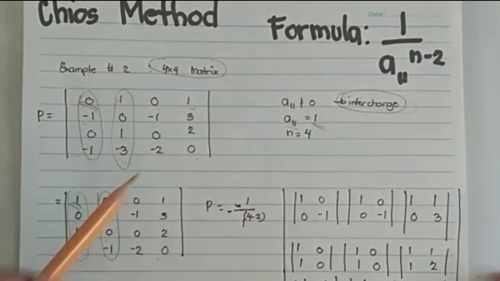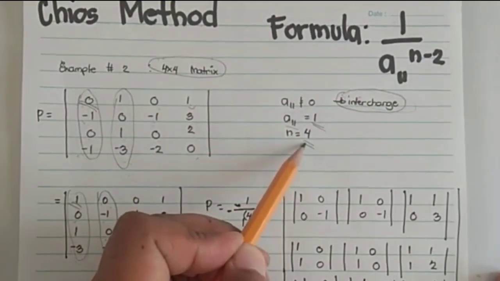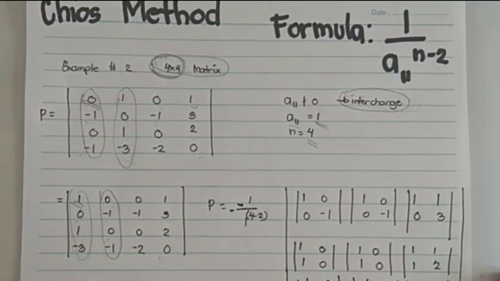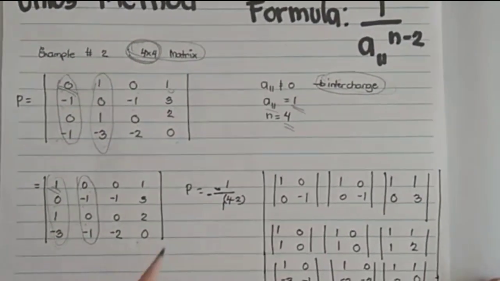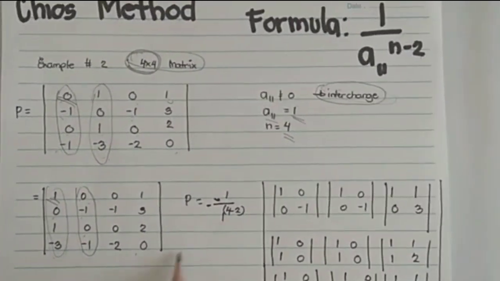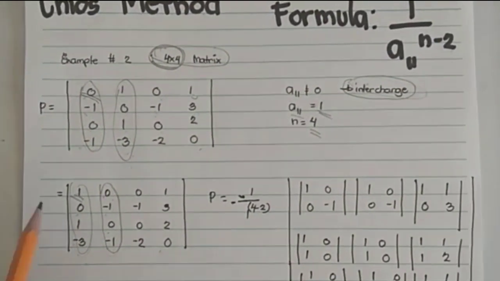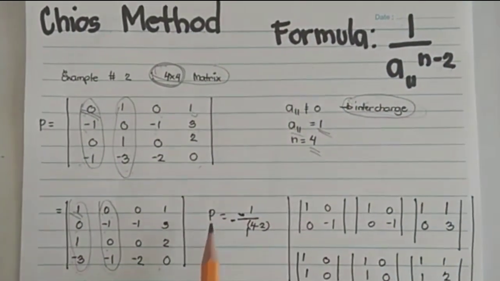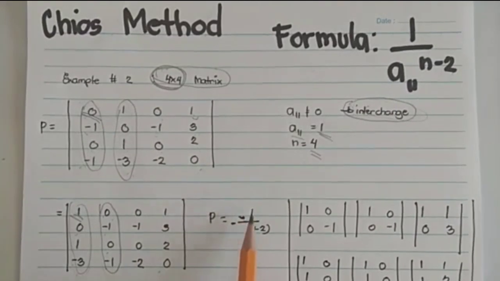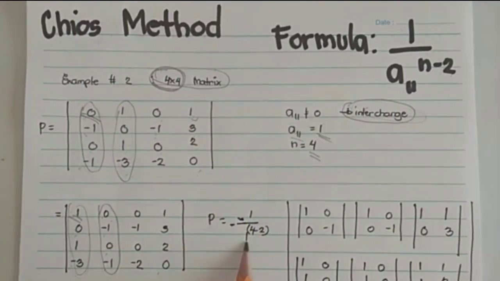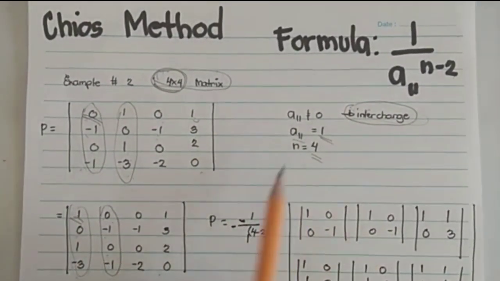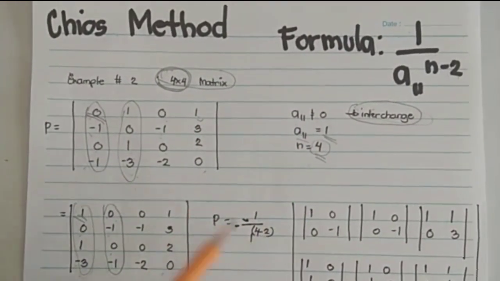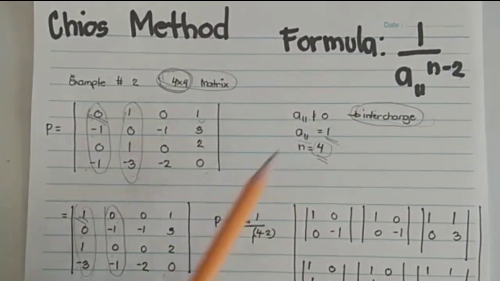So our a11 is equal to 1 and n is equal to 4 since we are using the 4 by 4 matrix. So we need to group the data now. But before grouping the data, we need to substitute in our formula using the given. So P is equal to 1 all over 1 raised to 4, which is the value of n, minus 2, and a11 is equal to 1.